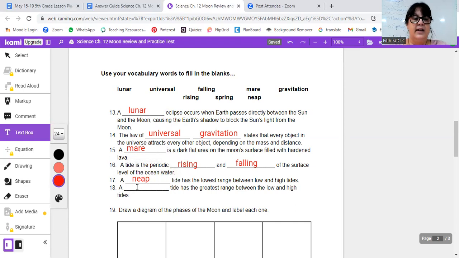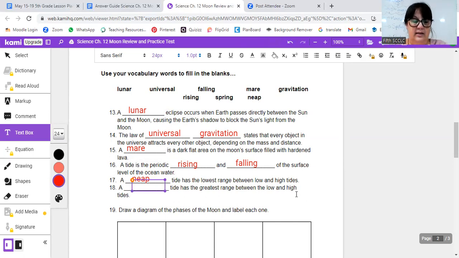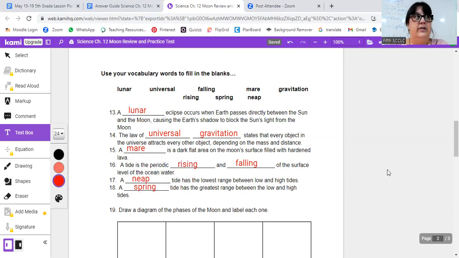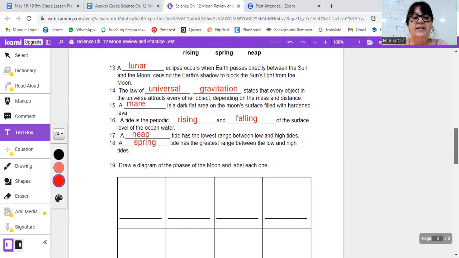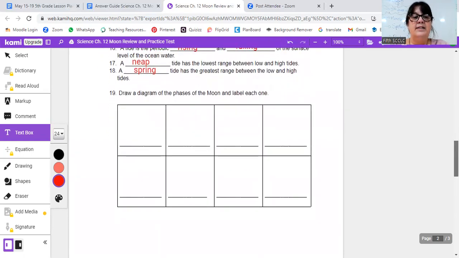A spring tide has the greatest range between the low and high tide. Now, remember, these are going to be in a different order, so don't just memorize what's here on the page, memorize the answers.